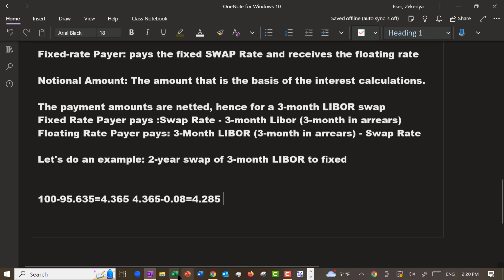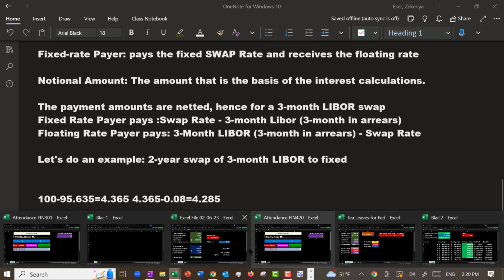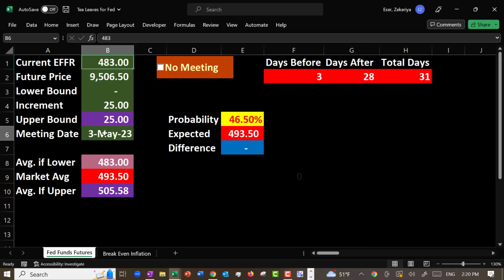By the way, you should definitely use this stuff, at least as a parlor trick. Let's assume there's going to be one hike between now and May.